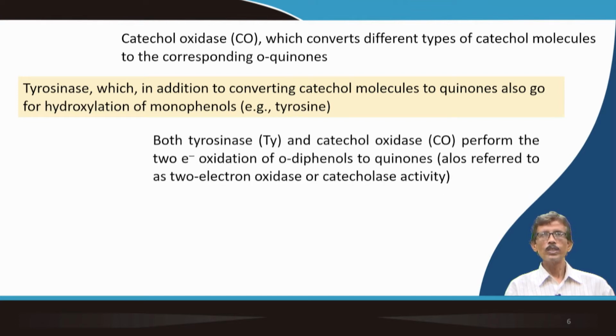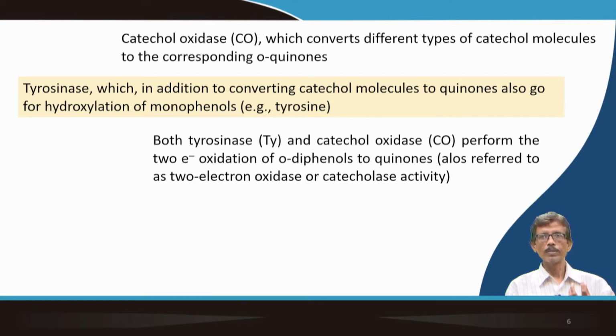So, both these TY and CO can therefore go for 2 electron transfer and oxidation finally to the quinone. And since you have this 2 electron oxidation, we can also consider it as catecholase activity. You should be able to remember which one is your catecholase activity, where catechol is your substrate.